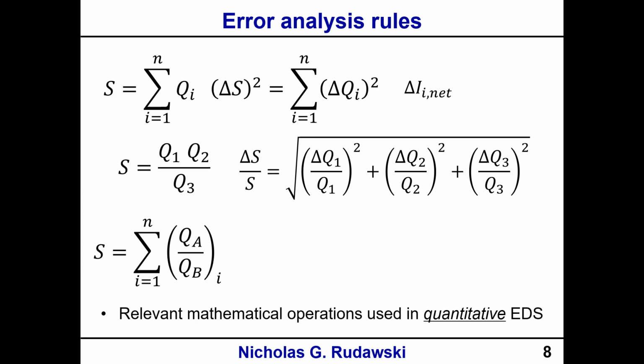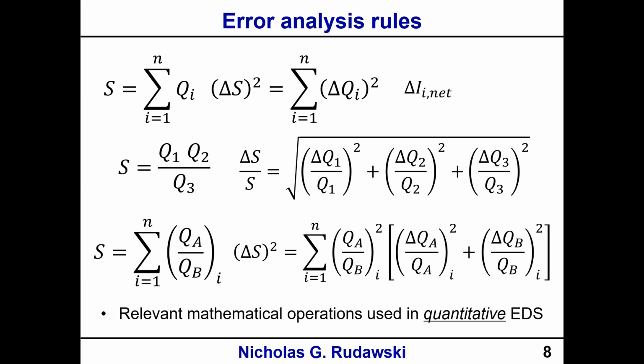And then if we have something that's a mix, so what if we have a sum of products and quotients? This is a little more complicated, but what you end up getting is this.